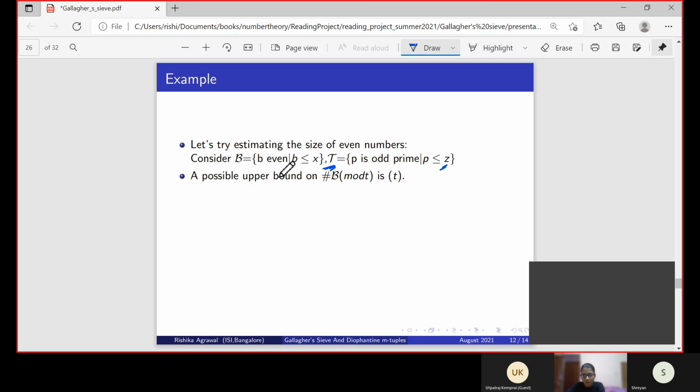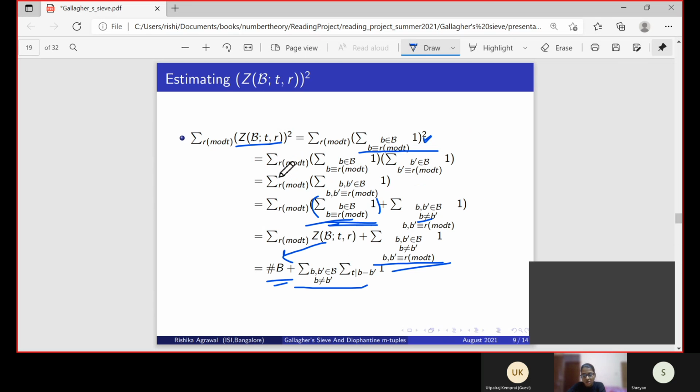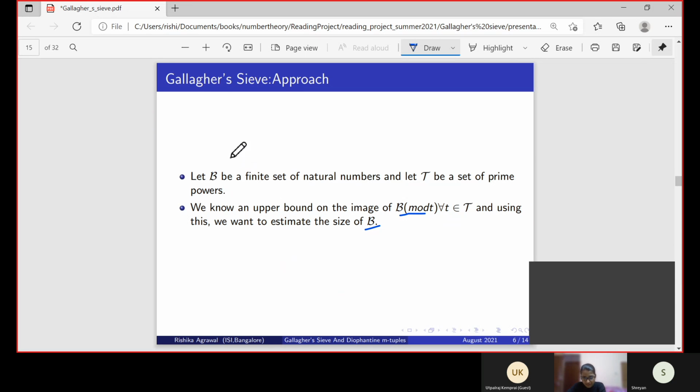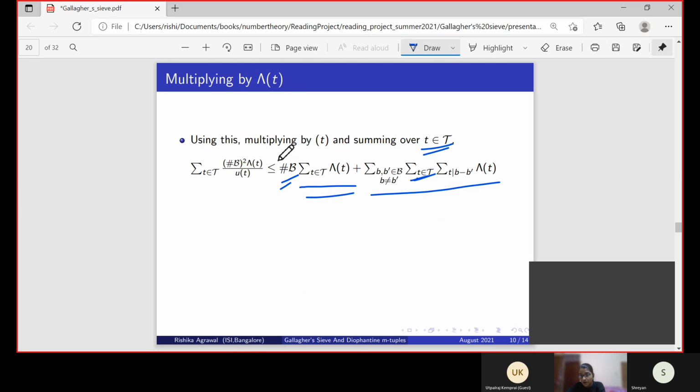So as we know, the conditions we need to use Gallagher's sieve are that we are given B as a finite set of natural numbers, which we have as even numbers. We have also considered T as the set of odd primes. Now we also need an upper bound on the image of B mod T. So what would be the upper bound?